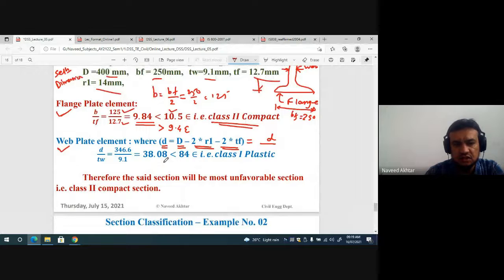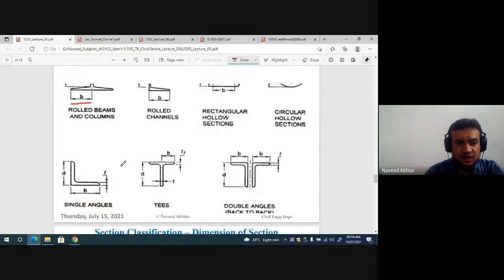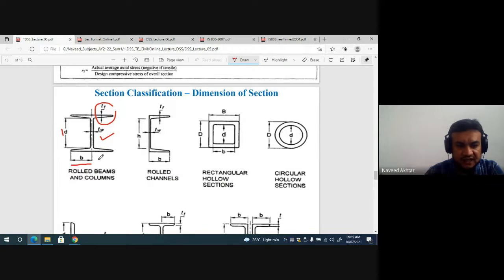So here you can see the d by tw ratio. In an I section, what is the value of d? You can see here, the value of d is here. So it is depth minus R1, the thickness of flange minus R1. So what will small d be for you? Small d is equal to capital D minus 2 times R1 minus 2 times TF. After subtracting you will get the value.